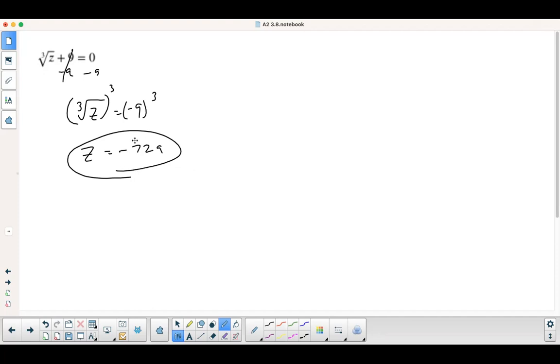Now, when you plug this in to check it, make sure you're thinking here. You can have negatives under cube roots and still get real solutions. This would be -9, because -9 times -9 times -9, 3 of them would give me -729. So you get 0 equals 0, checks out.